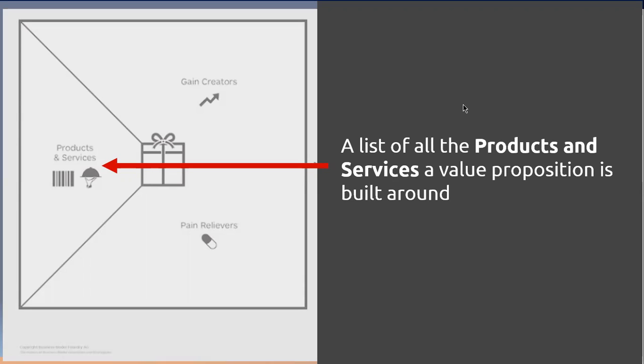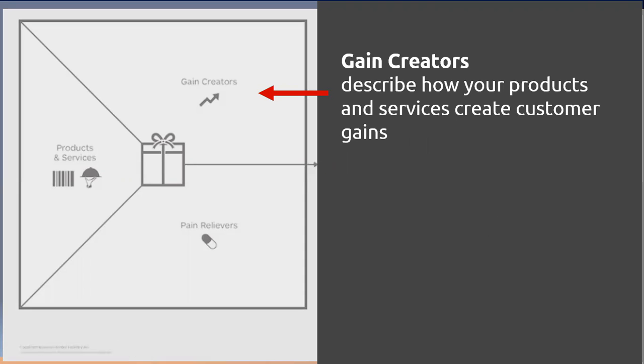A list of all the products and services a value proposition is built around is first filled in. Always, in fact, I would say. And after this, you fill in the gain creators, describing how your products and services create customer gains.